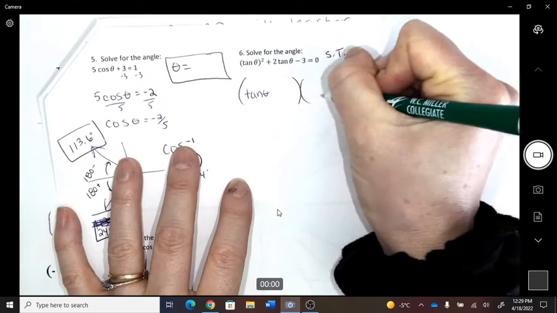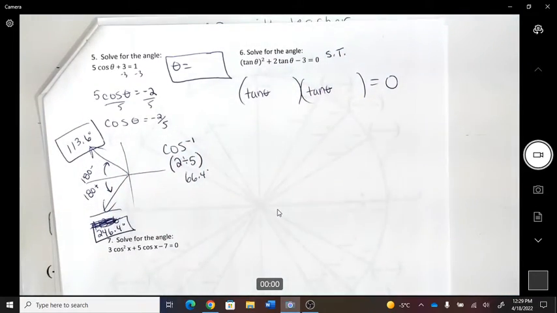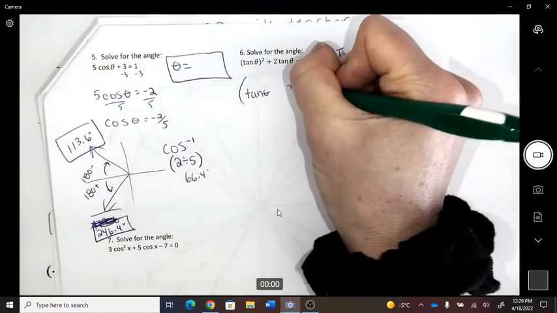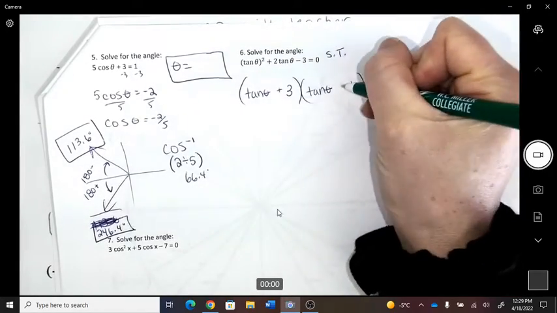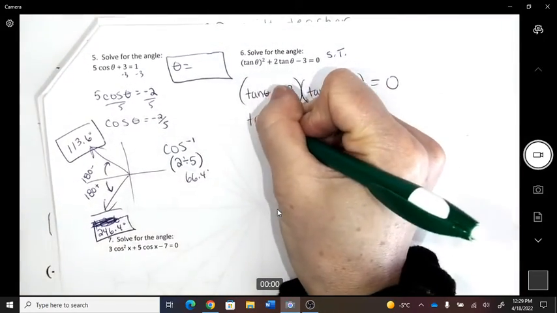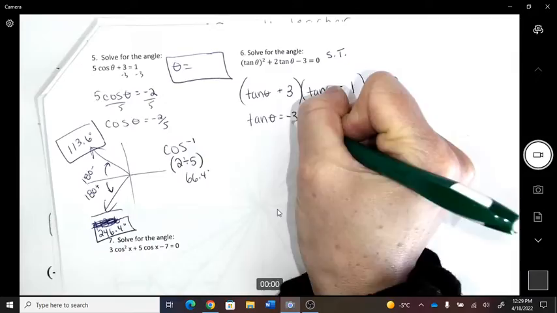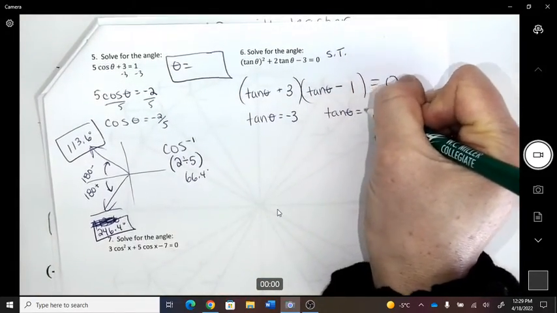So I need a tan theta and a tan theta. Three times 1. One of them will be positive. Make sure you do them correctly to get a positive 2. Okay, so tan theta equals negative 3, and tan theta equals 1.